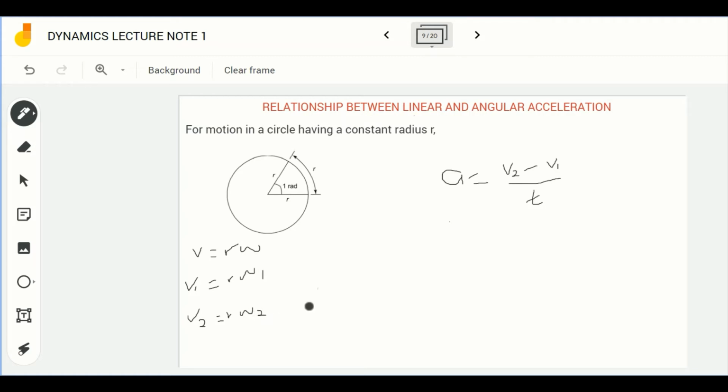If you are wondering why my R did not change, it is because the motion in a circle has a constant radius, so my R remains the same for V1 and V2. But my angular speed was changing.